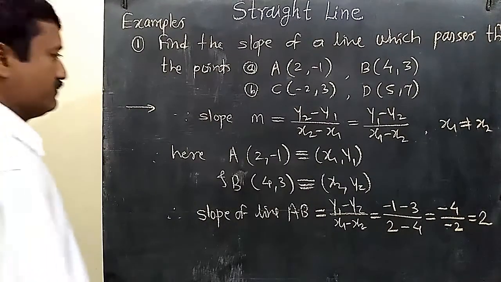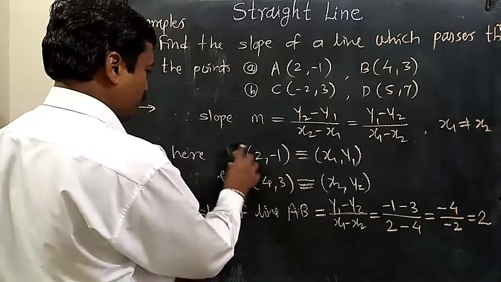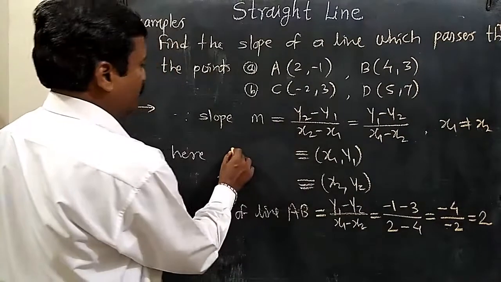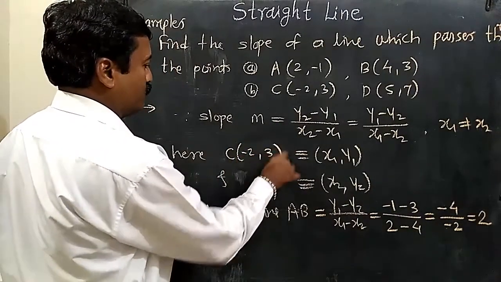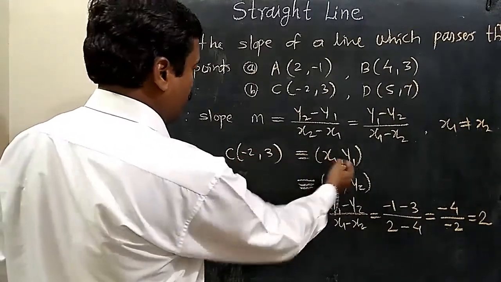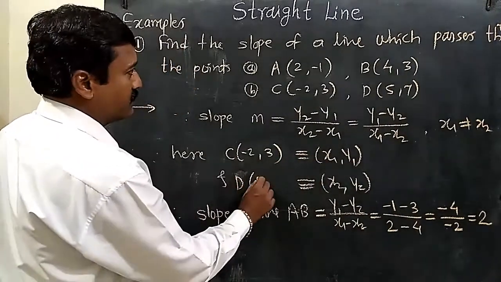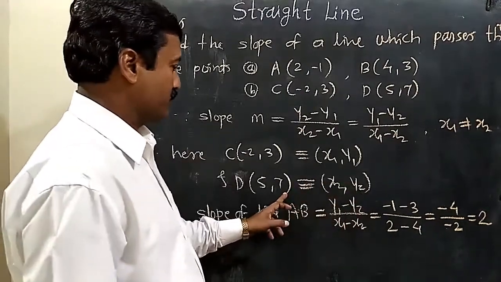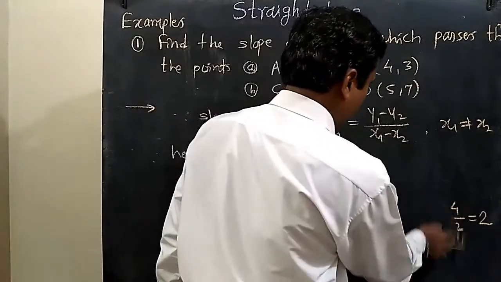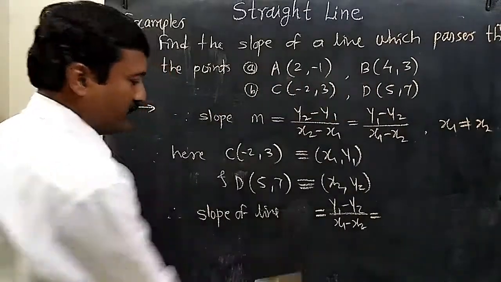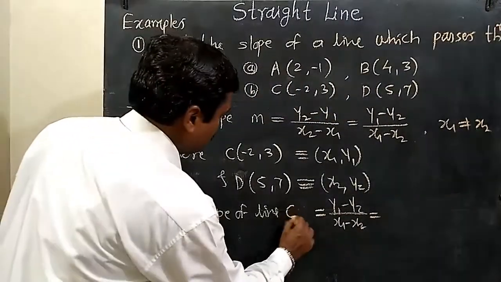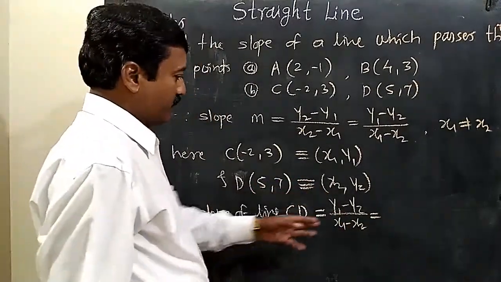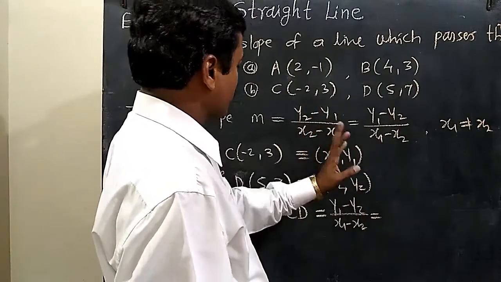Let us see the second one. The point C is (-2, 3), so x1 equal to -2 and y1 equal to 3. Point D is (5, 7), so x2 equal to 5 and y2 equal to 7. We can substitute these values here. So the slope of line CD becomes y1 minus y2, or instead we can use y2 minus y1 upon x2 minus x1.